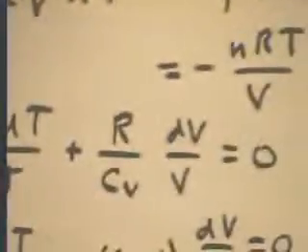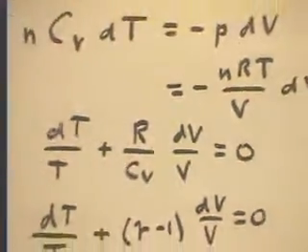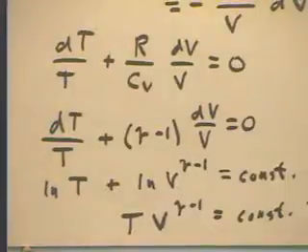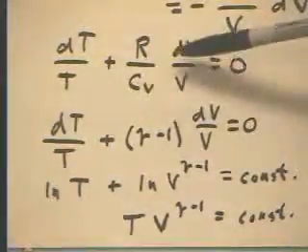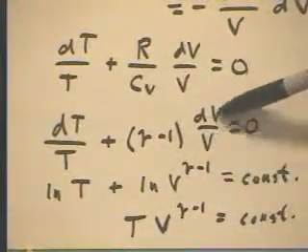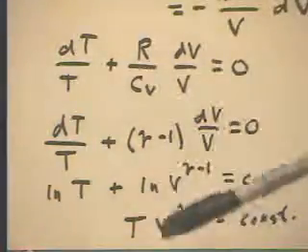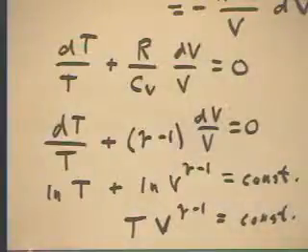So if we come back to the differential equation, we see that the R over Cv dV over V becomes a gamma minus 1 dV over V. So what? Well, we're going to integrate this term, and we're going to integrate this term.